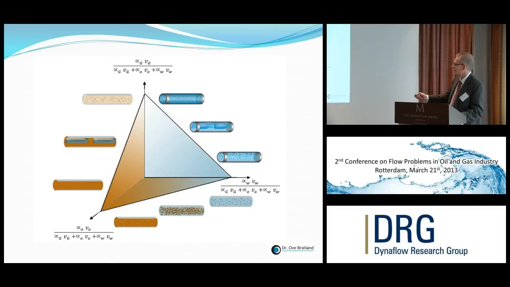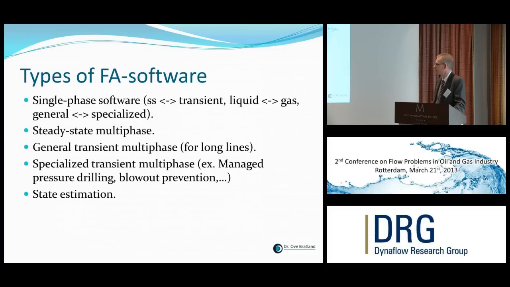We may have flow regimes like this, or many, many more if we have oil and water. So that's two-phase flow, basically. Three-phase flow, we don't even try to fill in what all the combinations may look like. And neither do Olga or LedaFlow, because that's just too complicated.